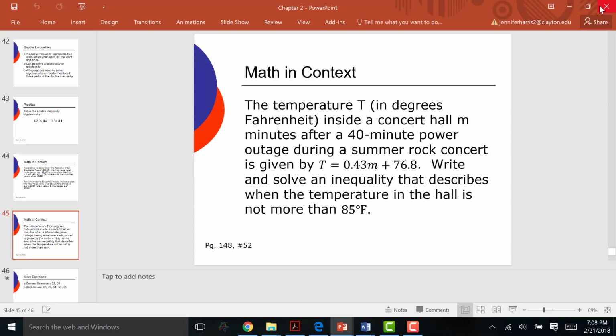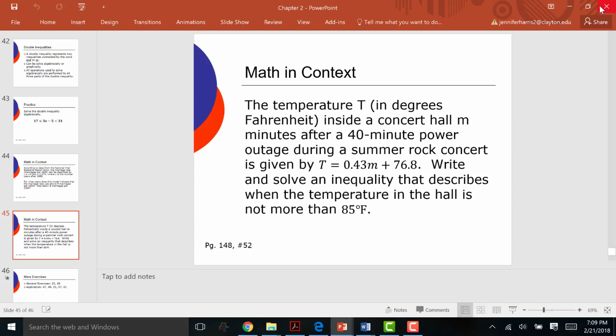I want to keep the temperature in the concert hall less than or equal to 85 degrees because we're going to start getting attitude in a minute. You know how y'all get when it gets hot, right? You done paid all this money to go see whoever you went to go see, and then it's hot and everything. So again, the owners or the people running the show are trying to figure out how much time they have to get the AC and the power back up.